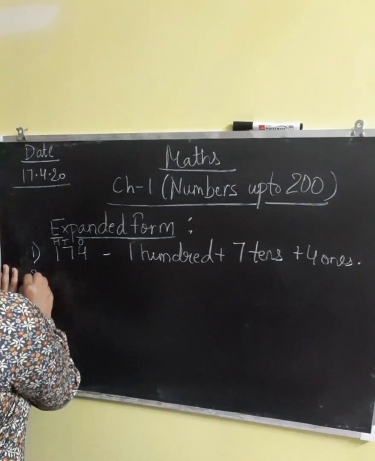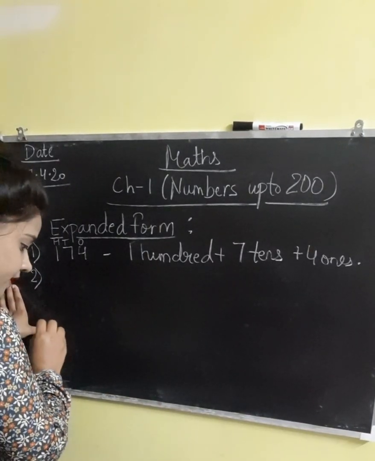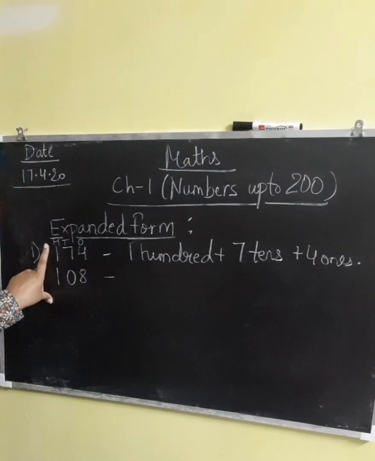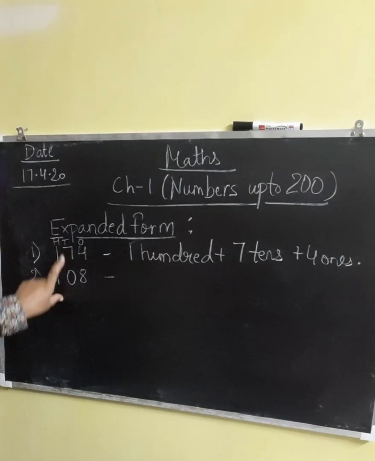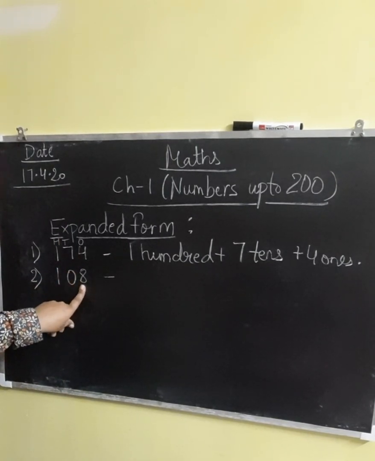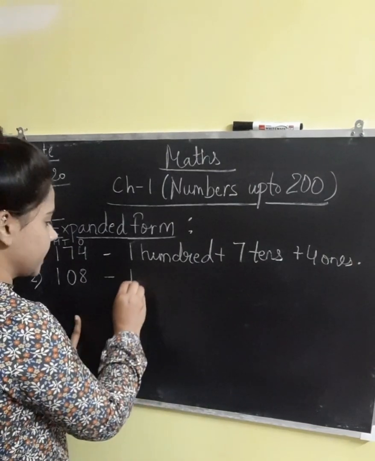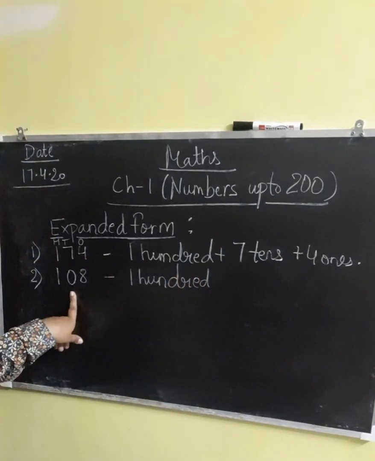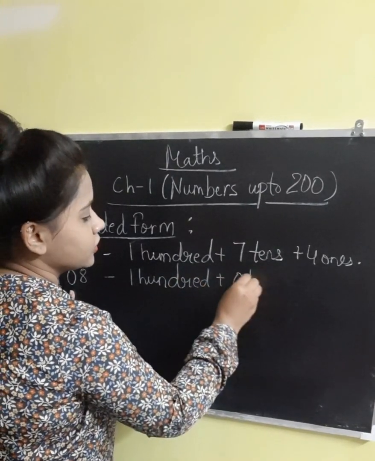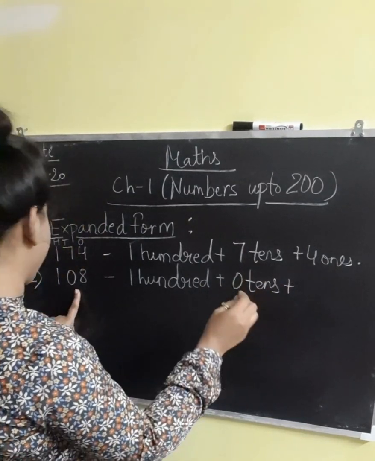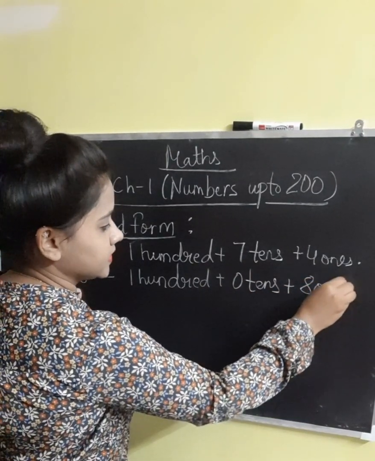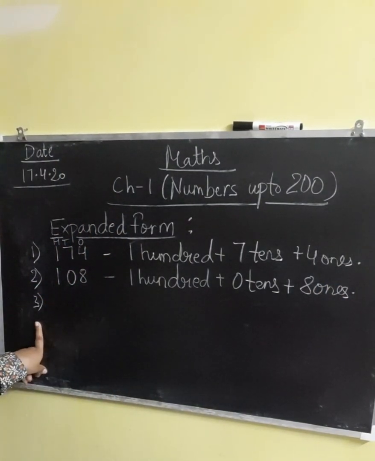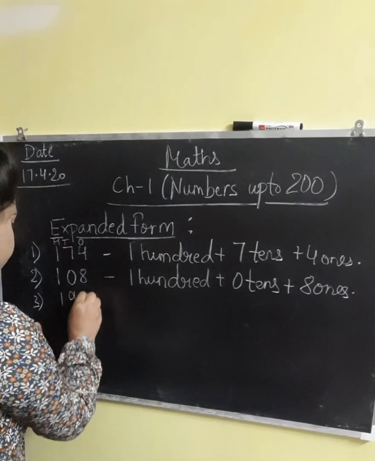Now moving to the next part of this expanded form, which is 108, sorry. So H again, T 0 and 8 ones place. So 100, and yes, we have 0 at tens place, so we will write 0 tens and 8 ones. Okay, now the third part is 199.